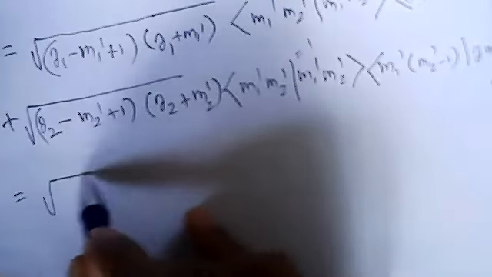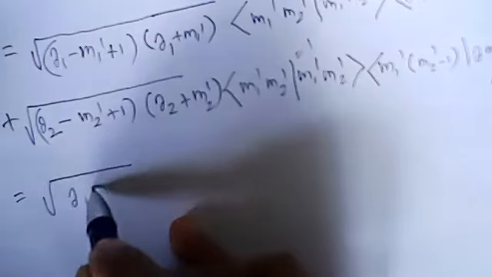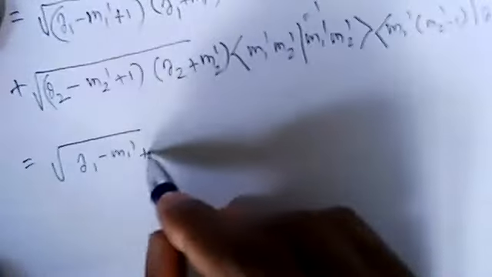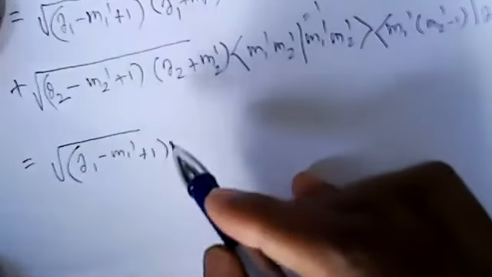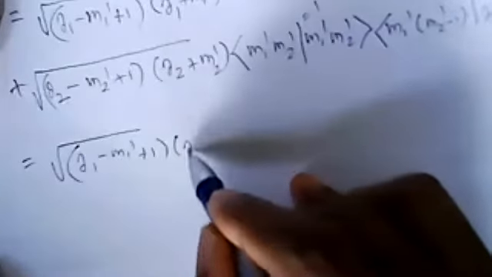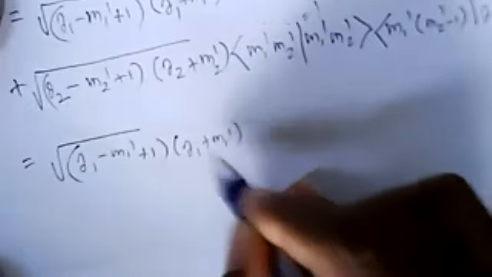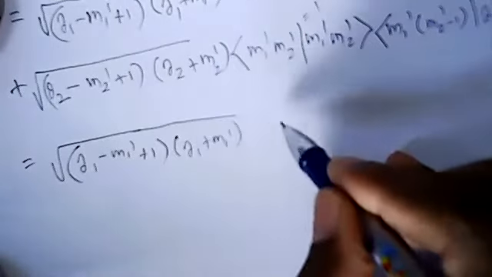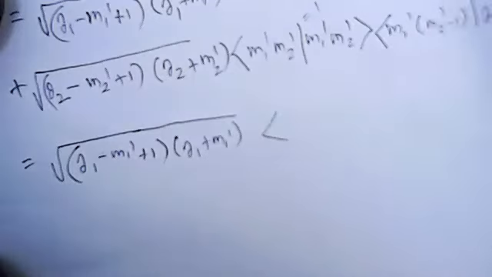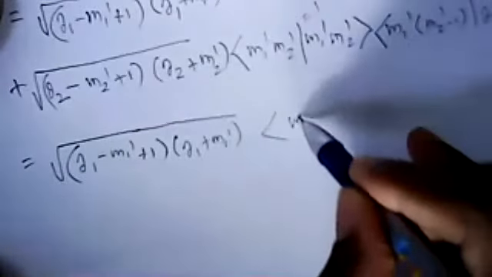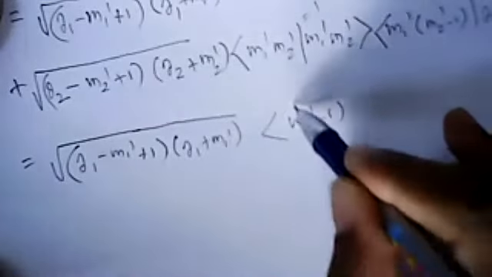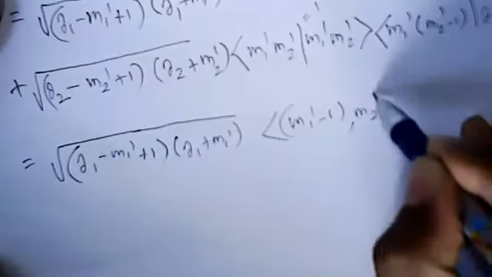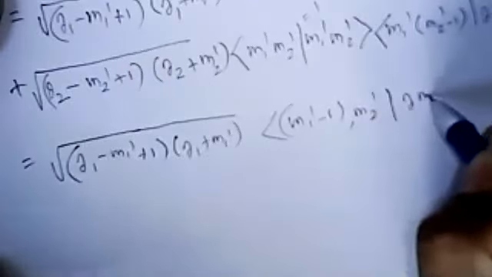So the RHS is root of j1 minus m1 dash plus 1 into j1 plus m1 dash. Then this becomes 1, so only this term remains: m1 dash minus 1, m2 dash, jm.